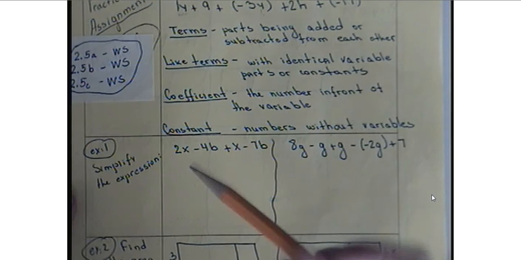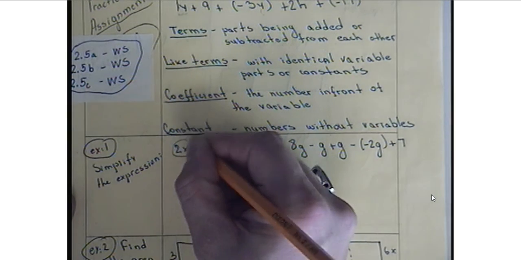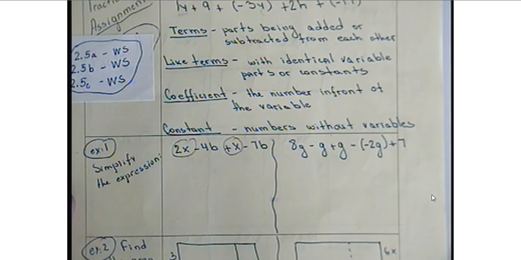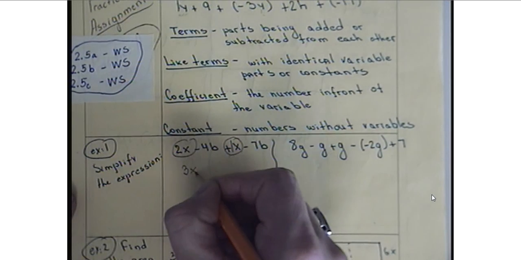I'm going to circle the two that could be combined because they're like terms. 2x plus x. And again, if there is no number in front of the variable, it means 1. So basically we have 2x plus 1x, that is going to give me 3x.